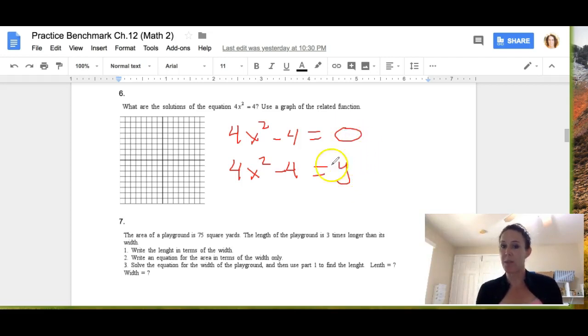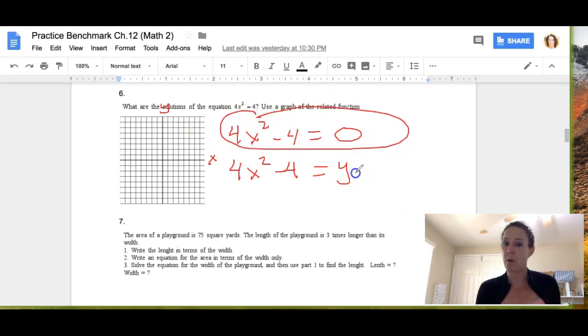That's how we solve this by graphing. Where is y 0? That happens when I cross the x-axis. Because if I go over 1 up 0, I'm on the x-axis. If I go over 2 up 0, I'm on the x-axis. So I want to know where I cross the x-axis to figure out the solution to this equation.